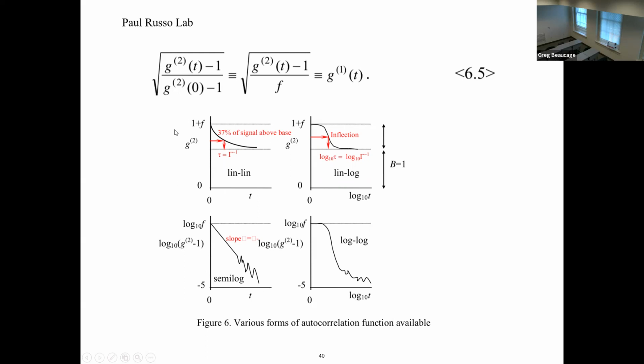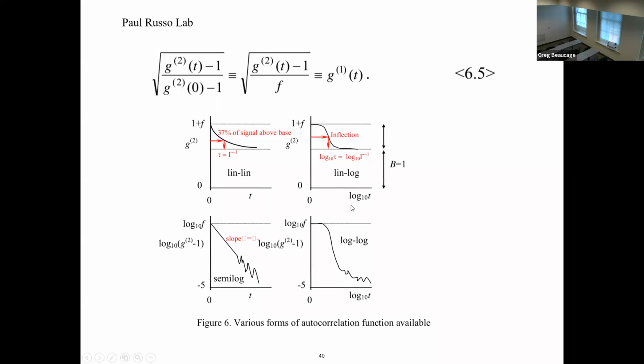This can get confusing. You see this in a paper, they might plot it different ways, and this might be the one that you're used to. This looks a lot like a static scattering log plot. So exponential decay looks like kind of a knee. Time would be where that knee is. If it's this plot, the time is where the inflection point is.